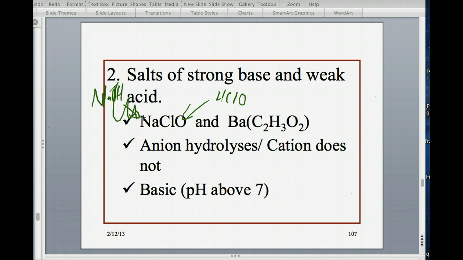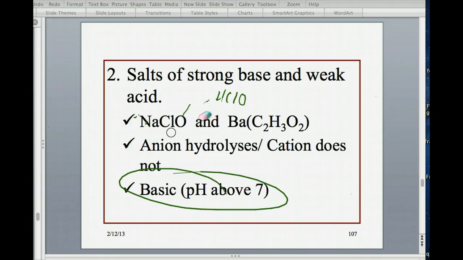So the Na is meaningless. The ClO does indeed have basic character. So the overall salt is basic. I'm basically analyzing from the origins of the ions to figure out where they came from, and then I can figure out what the pH would be, whether it be acidic or basic.